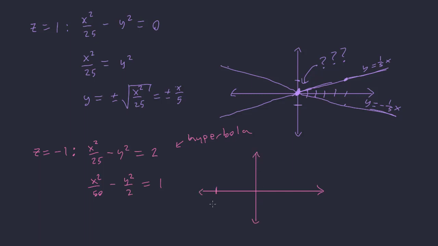So it gives us a hyperbola where x is going from negative square root 50 to square root 50, and y is going from negative square root 2 to square root 2, and the x term is still the positive one, so it should open horizontally.